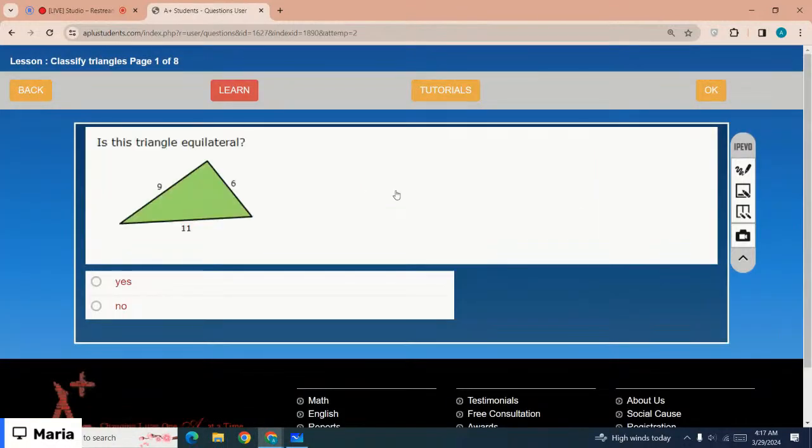Let's just start with the test questions. Is this triangle equilateral? The correct option is no, this isn't an equilateral triangle, right? The correct option is no.